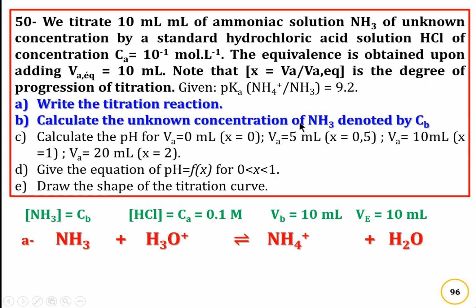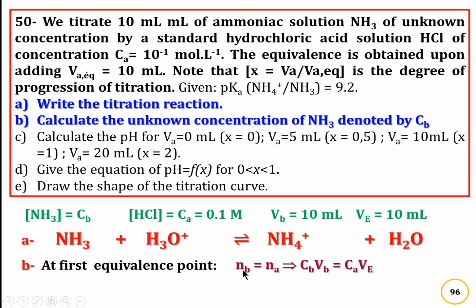Calculate the concentration of the unknown NH3 denoted by Cb. So at the equivalence point, the number of moles of the base present is equal to the number of moles of the acid added.